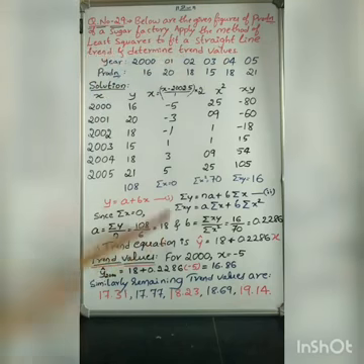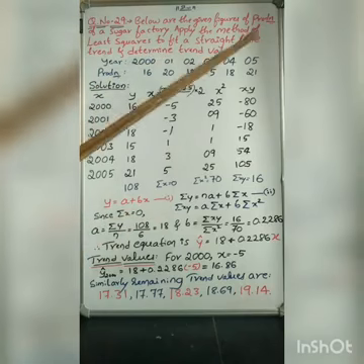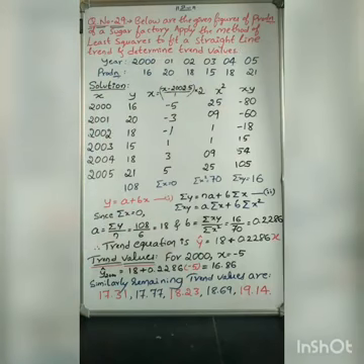That is completed. Further, determine trend values, it is given. We may have to calculate trend values. These were the given values of production of sugar in all these years. According to the straight line equation, what will become the predicted values or the trend values may have to be calculated using this trend equation.